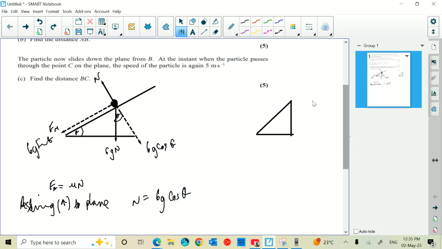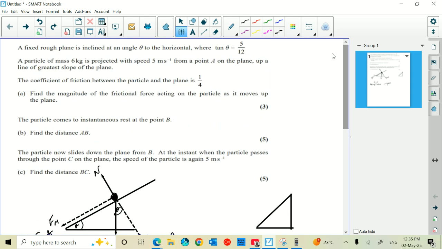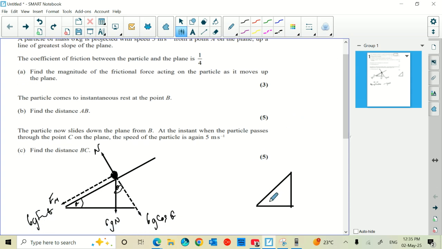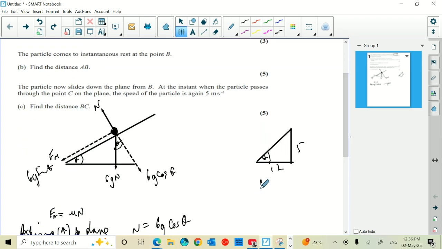Now they've told me that tan theta is equal to 5/12. If that's the case, I can find the other trigonometric ratios, which is quite useful, because they're telling me that the opposite side is 5, the adjacent is 12, and therefore I can find the hypotenuse. 12 squared plus 5 squared is 169, and the square root of 169 is 13.